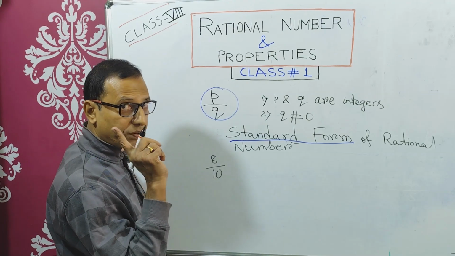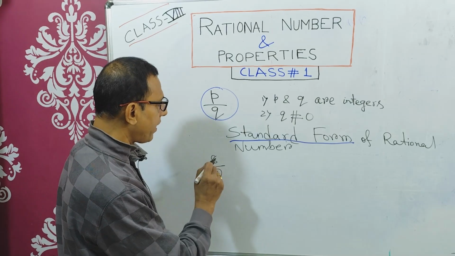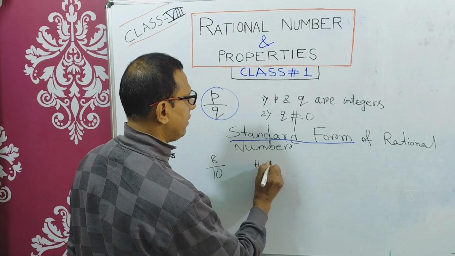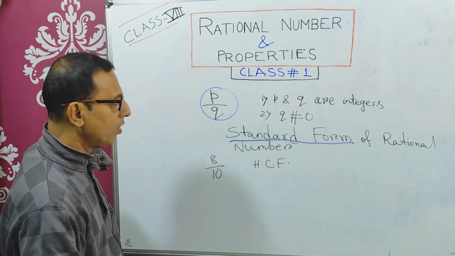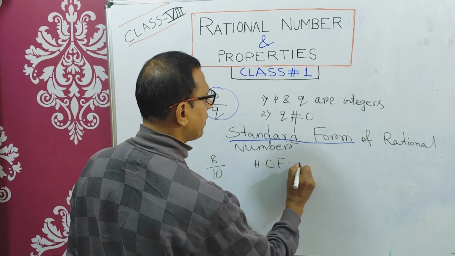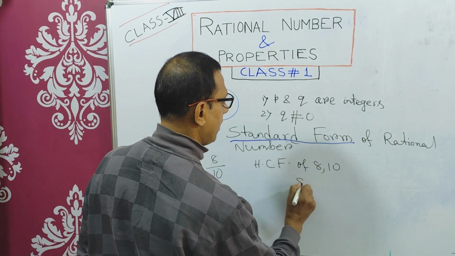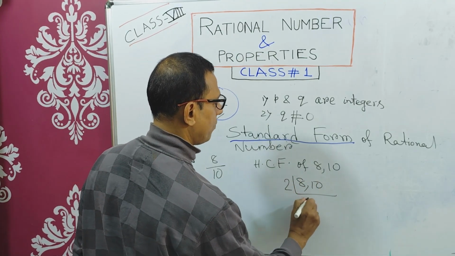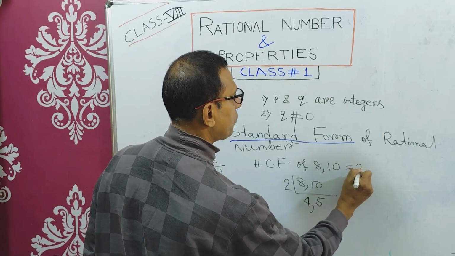If you remember, in fractions you got the least fraction by dividing both numerator and denominator by the HCF. Same thing here. What is the HCF of 8 and 10? The HCF of 8 and 10 equals 2.